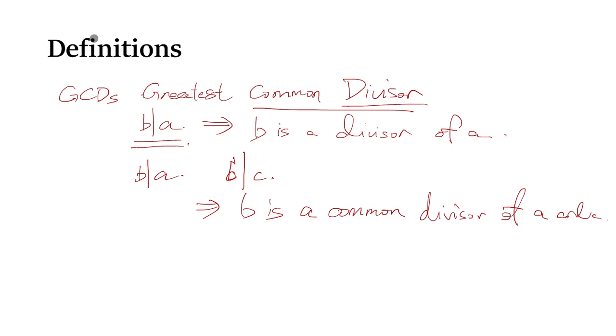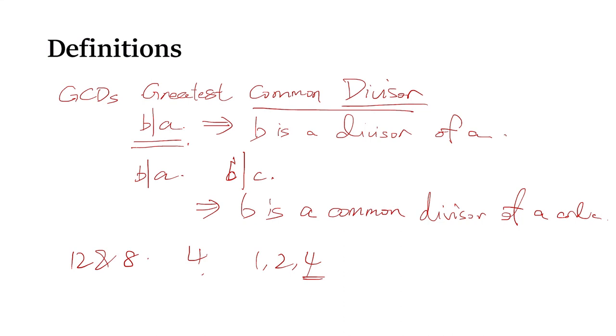Okay, so for example, let's take 12 and 8, right? The common divisors of 12 and 8 are 1, 2, 4, right? So 4 is the greatest. And there's also another rule that all those common divisors are divisors of the greatest common divisor.